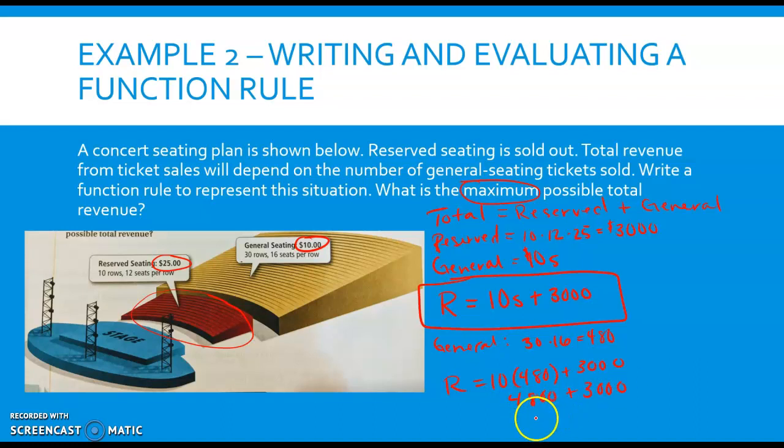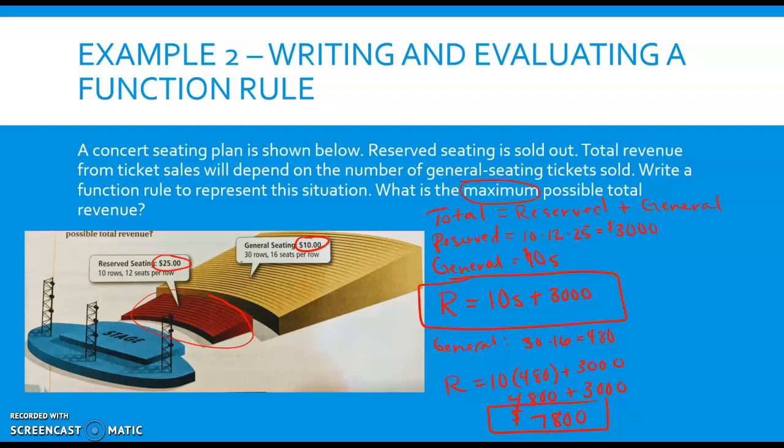And then 4,000 plus 3,000, 7,000. So 7,800. So the max revenue we could earn is $7,800 at this place for a concert.